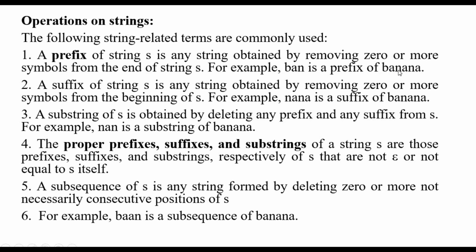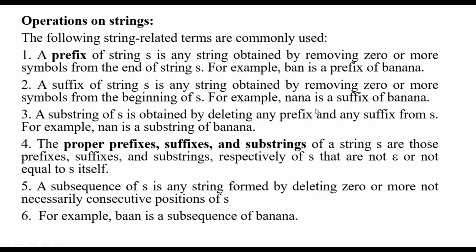Here BAN is a prefix of banana. B is also a prefix of banana. BA is also a prefix of banana. BANA is also a prefix of banana. A suffix of string S is any string obtained by removing 0 or more symbols.